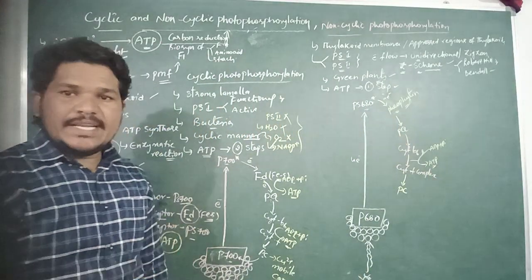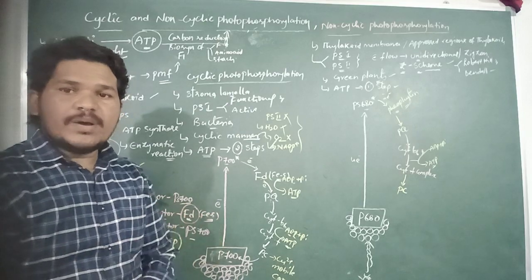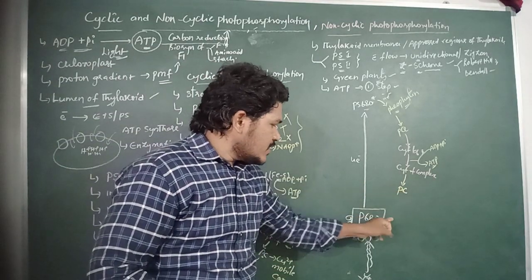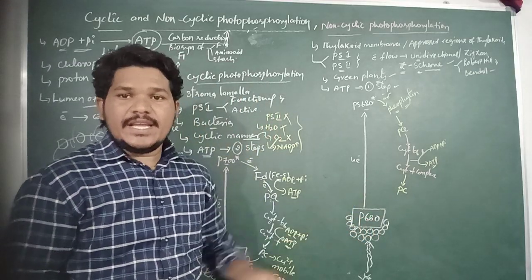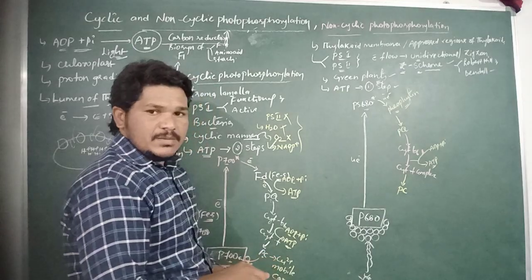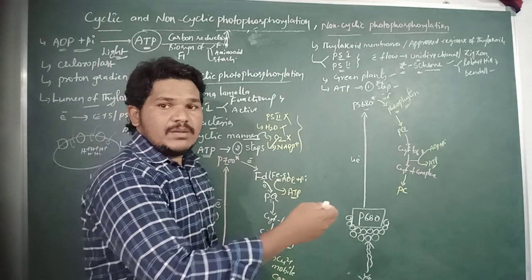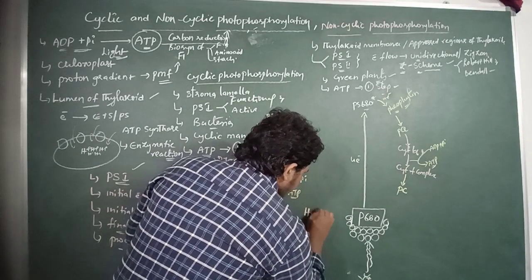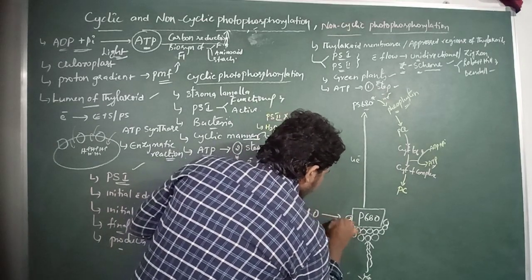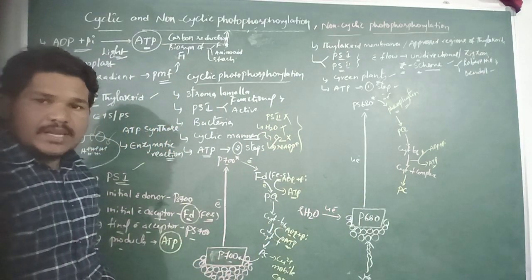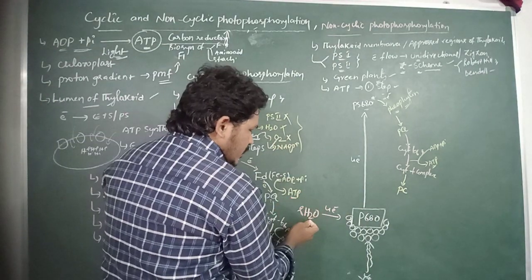Plastocyanin is a copper containing mobile carrier which transfers the electrons to P680, where the loss of electrons is replaced by water molecules. The photolysis of water also occurs in the non-cyclic photophosphorylation reaction.